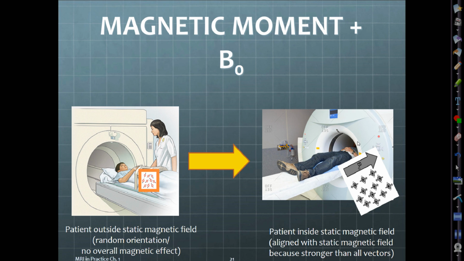All right, this is a little diagram I created. Here is our patient, outside of the magnet. See how their hydrogen spins are random. But once we put the patient inside the static magnetic field, B sub 0, they either align with or against.